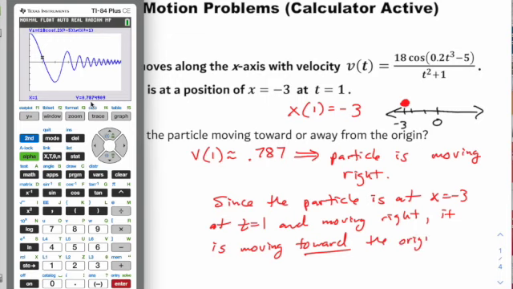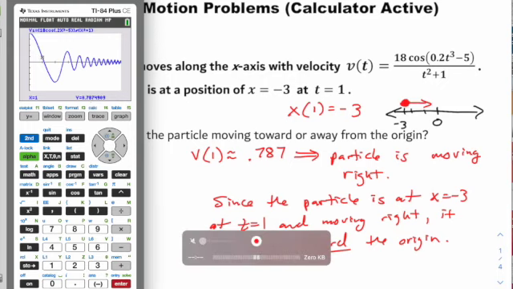So always want to make sure your answer is clear and that you've justified it, and that you have to say something about the position and the direction of the particle to get credit on this one. Okay, so there's that. Question 1 answered.